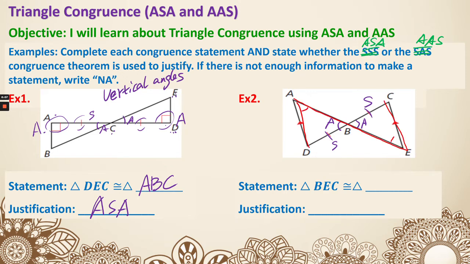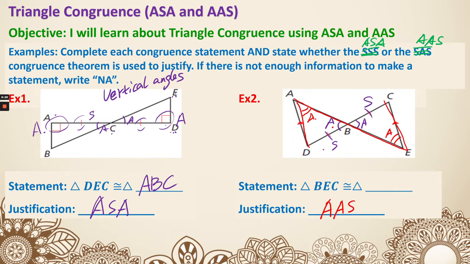These two angles could be alternate interior angles, and they are the same. And in this case, we would have another angle, and you can see the side is not included. So we can call that angle, angle, side.